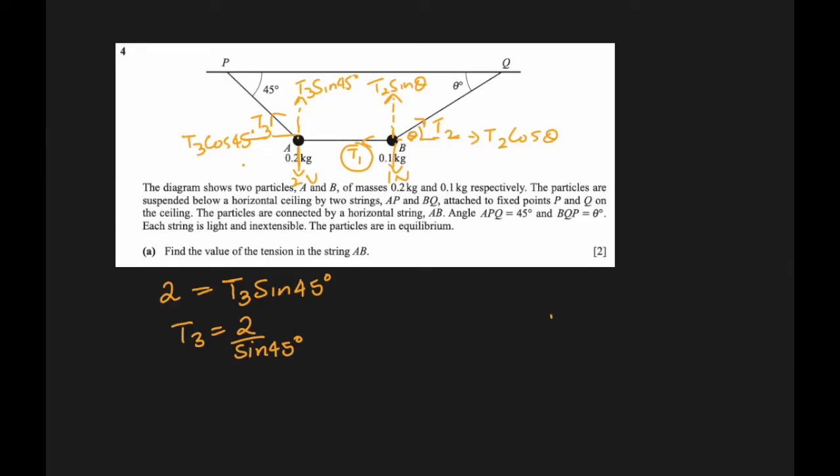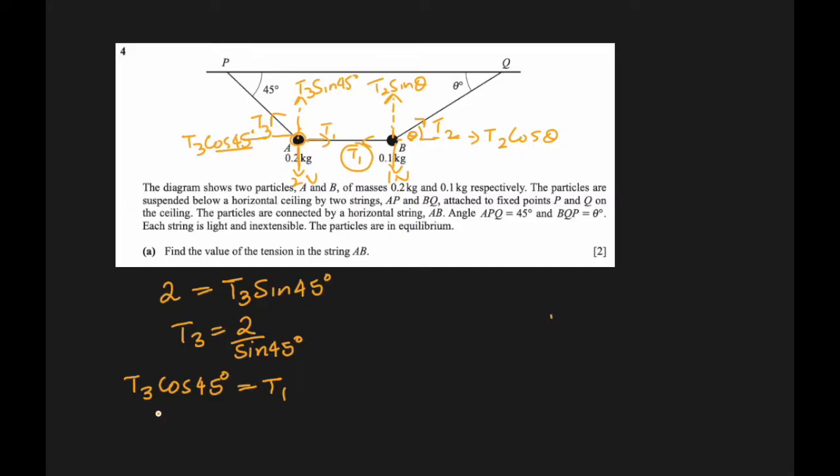Now, if I look at the horizontal forces on this particular body, there will be a force T3 cos 45 degrees to the left, which will be equal to the tension in this string, which will be T1 in this direction for this cable. So it will be equal to T1. There is no other component at this body.